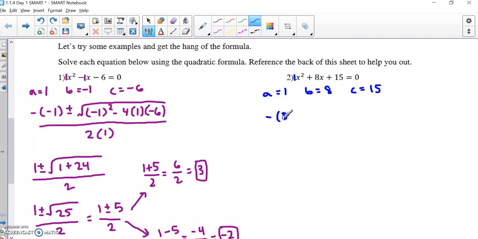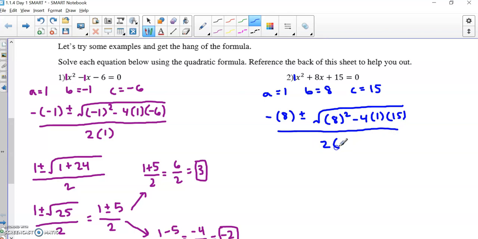So negative 8 plus or minus. Then we have the big square root. B squared minus 4 times A times C over 2 times 1.